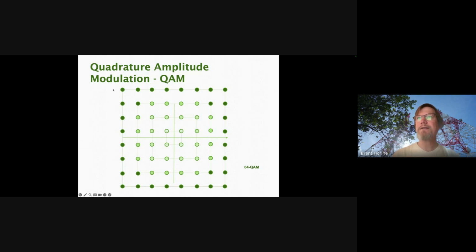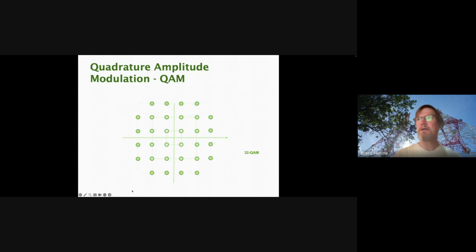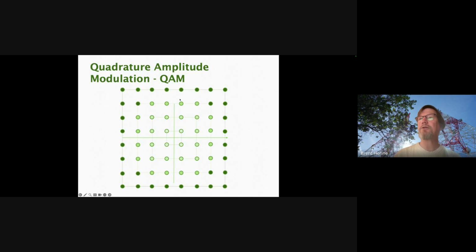But as I showed these things here, I'm increasing the max energy each time, right? So you're either having to send more power, or if you are constraining that power, that energy, then you're having to squeeze everything closer together, which again, we've got this distance metric, the minimum distance between any of these points, right?